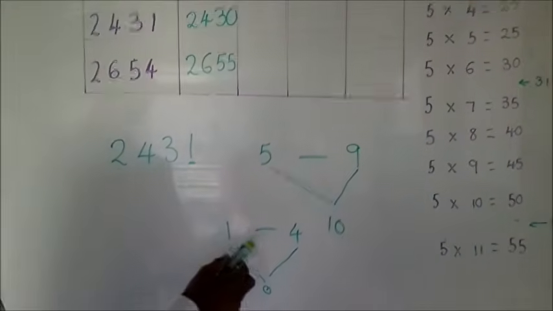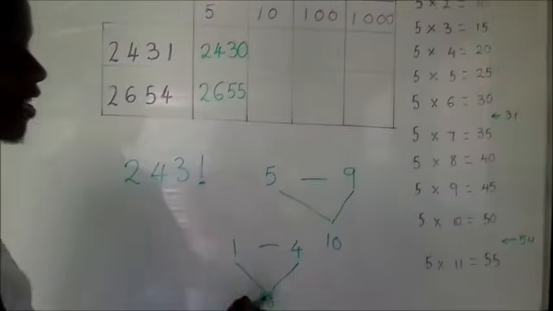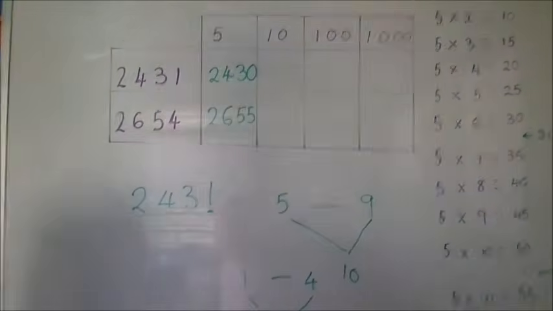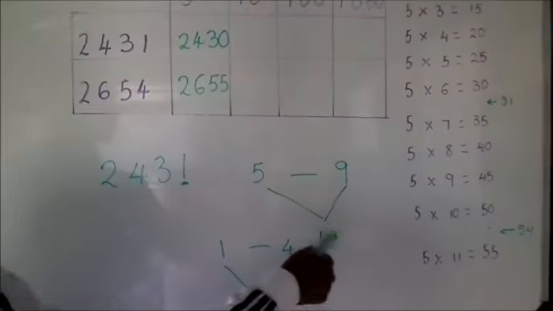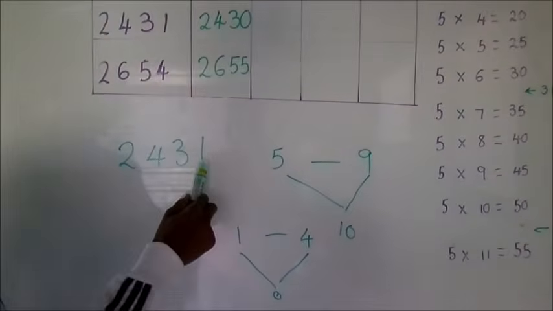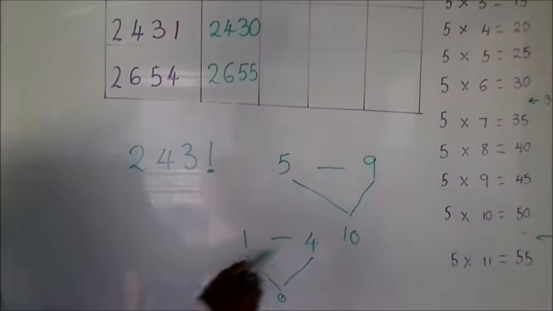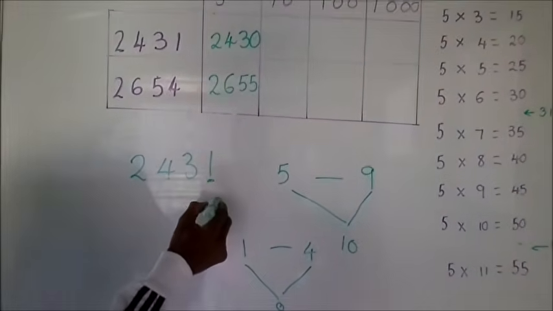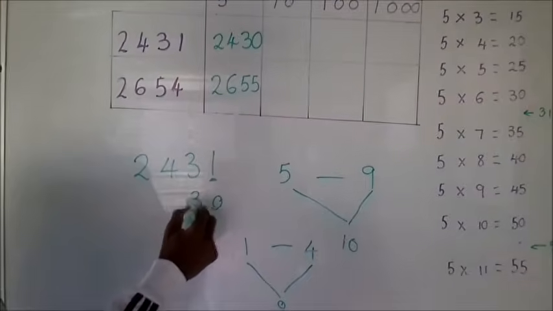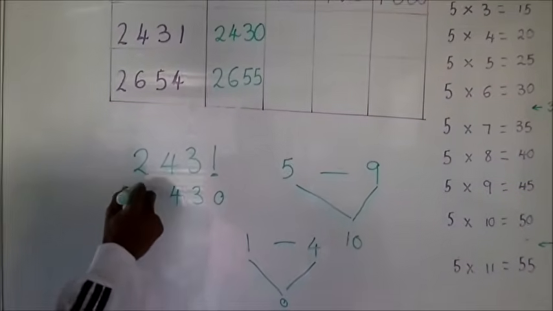If a number is 1, 2, 3, 4, it rounds down to 0. That's what we need to know. So when we look at 1, does it round up to 10 or does it round to 0? 1 is part of these ones, so it rounds down to 0. So this number that we underline rounds down to 0. 3 won't change, 4 won't change, and 2 won't change.